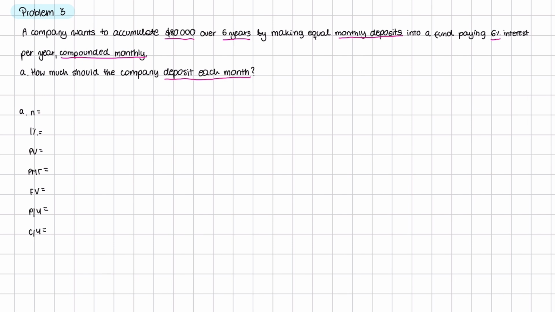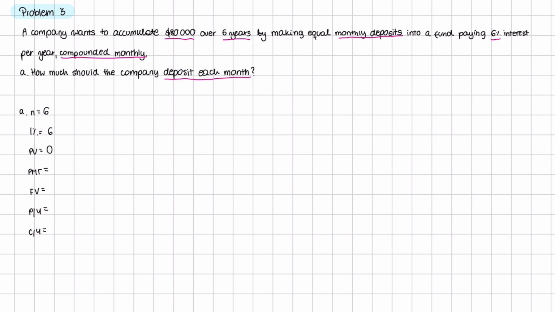As usual, we start with time, and we have 6 years, and for now we can leave it like this. Then we have interest rate 6%, so we just write 6. Then we have present value. We have no starting money, so we leave it as 0.